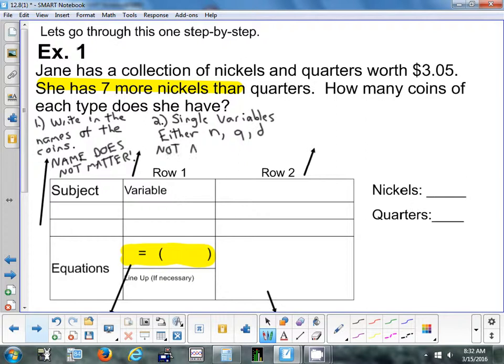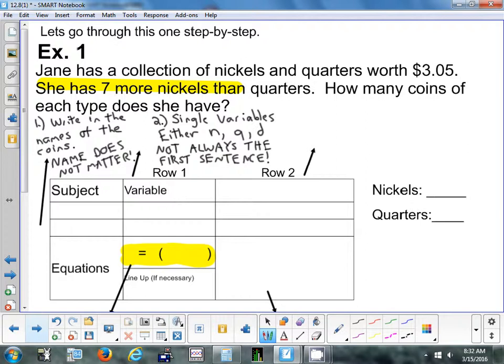Not always. All right? Where it's the single variable, when it's talking about the amount of coins, all right?